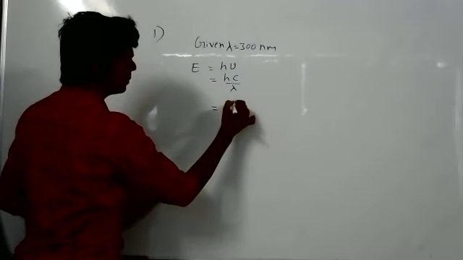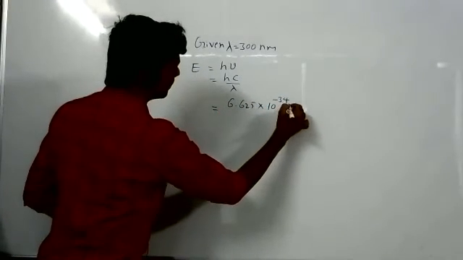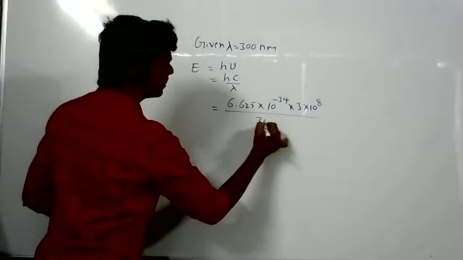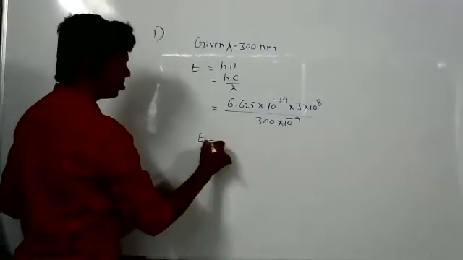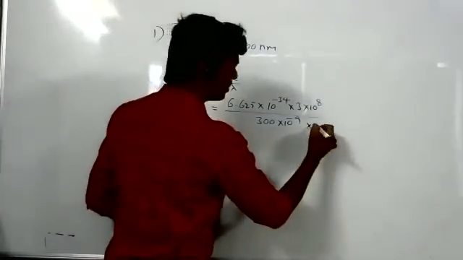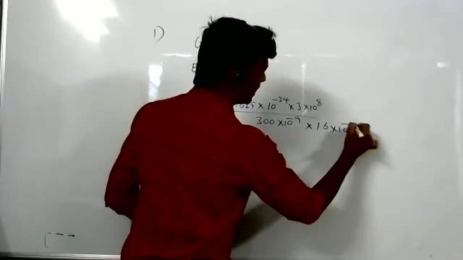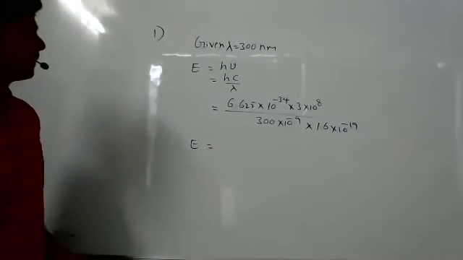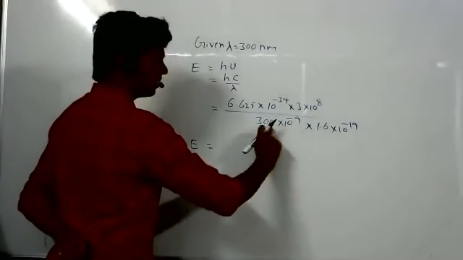Substitute here: 6.625 into 10 power minus 34 into 3 into 10 power 8 divided by 300 into 10 power minus 9. If you want the final answer in electron volt, divide directly by 1.602, or take 1.6 into 10 power minus 19 coulombs. You will get the answer in electron volt. 10 power minus 7.